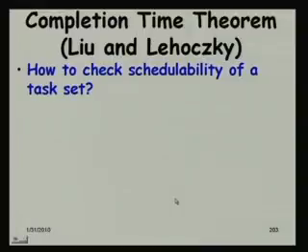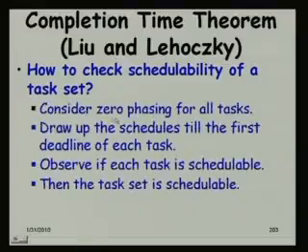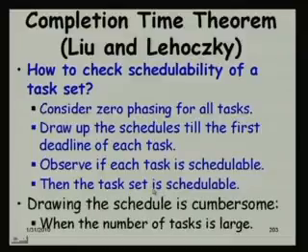We will look at the reasoning behind this theorem a short while from now, but let us see how, using this theorem, we check the schedulability of a task set. First, all the phase information we need to make 0, and then for each task we draw the schedule till the first deadline and check if all the tasks meet their first deadline; then the task set will be schedulable.